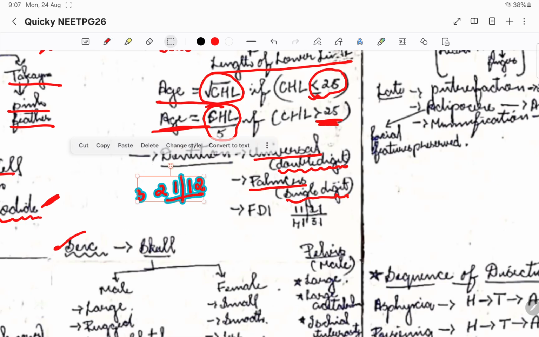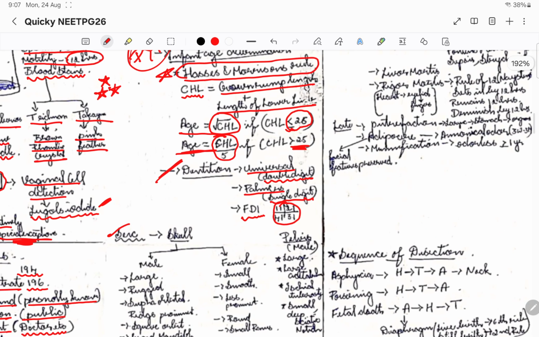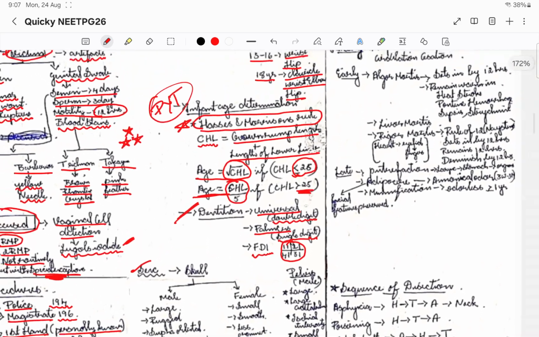Whereas the FDI method will be 11, 21, 41, 31 in that way. So you can easily identify that and tell which chart the dentition has been in. That is what the question will be. Nothing else they have asked till date. So this is what the questions will be with regards to dentition.